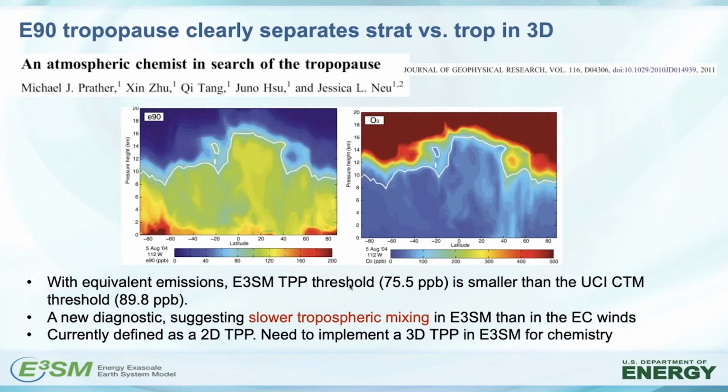And the smaller tropopause threshold suggests a slower mixing of E3SM than the ECMWF winds, which is used to drive the UCI CTM. Also, E3SM tropopause is currently defined as a 2D field. We need to implement the 3D tropopause in E3SM for chemistry.